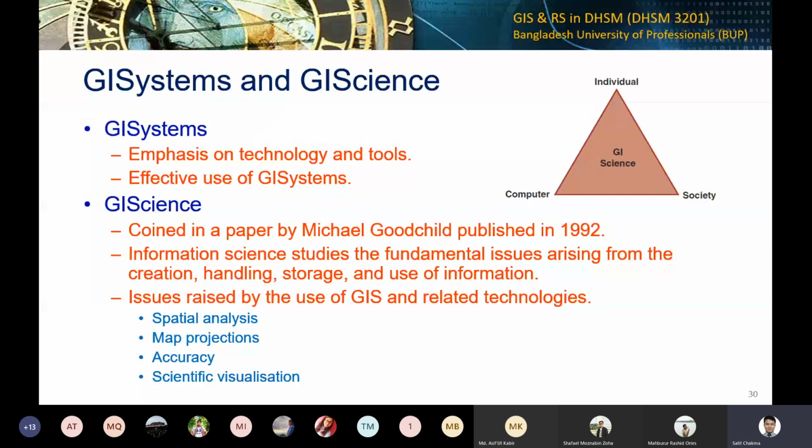And that way, when you are studying GIS, you are trying to understand the fundamental issues of GIS, and the techniques and theories involved in the tool GIS. That becomes a science, that becomes a field of study.